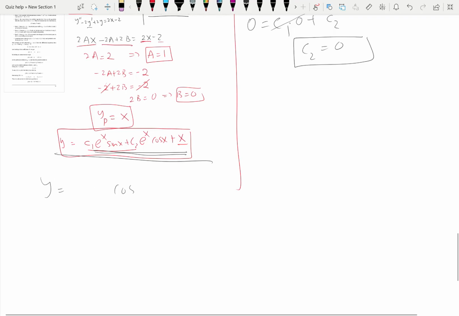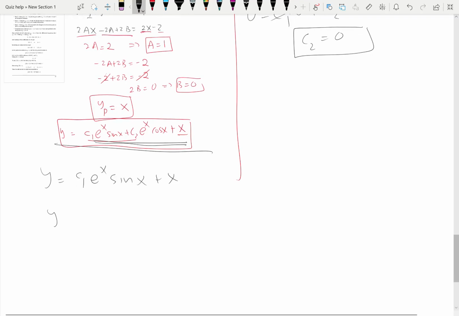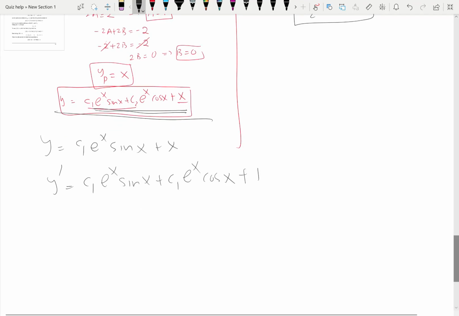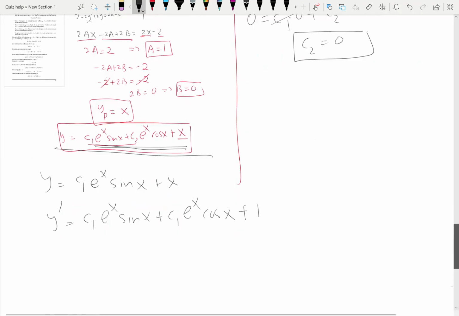We know c2 is 0, so c2 is gone. So we just have c1 e to the x sin x plus x. If you differentiate these to get y prime, c1 e to the x sin x, we use the product rule there, plus c1 e to the x cosine x, since the derivative of sine is cosine, and x differentiated is 1. So now if you substitute pi, y prime of pi is said to be 0.